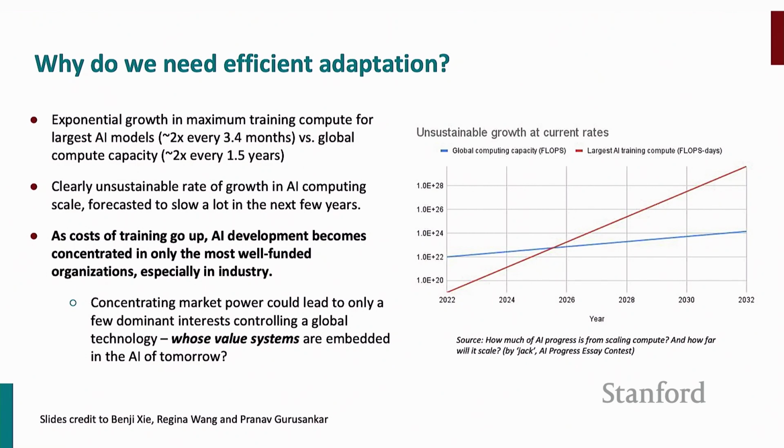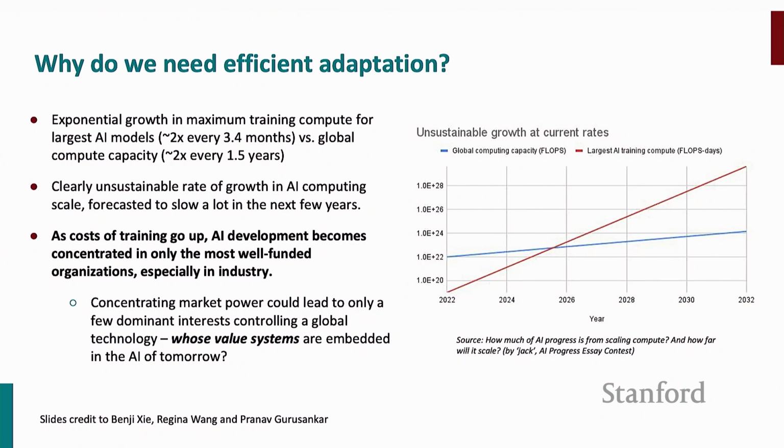The plot on the right here shows in red the estimated growth in training compute for training the largest AI models. And the line in blue is the global compute capacity. So very soon we are going to overshoot the global compute capacity and need a lot more compute than the global capacity. And so this is not sustainable.